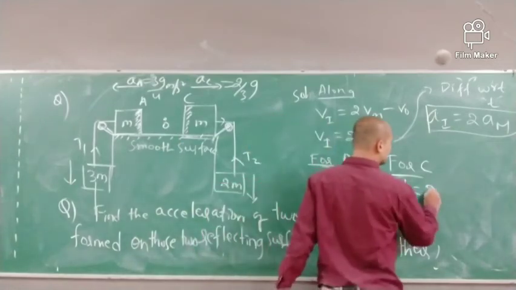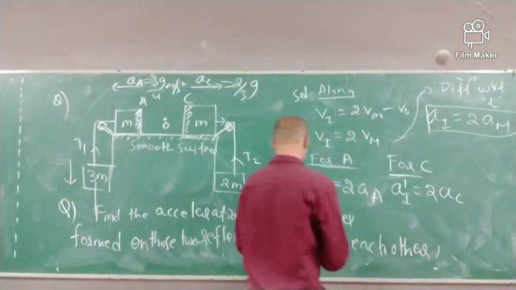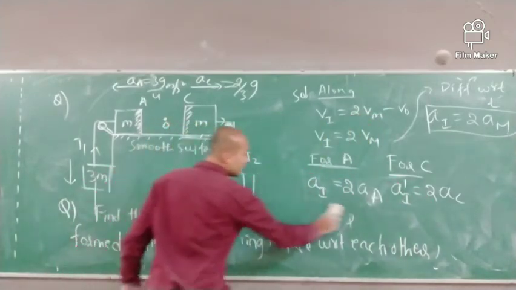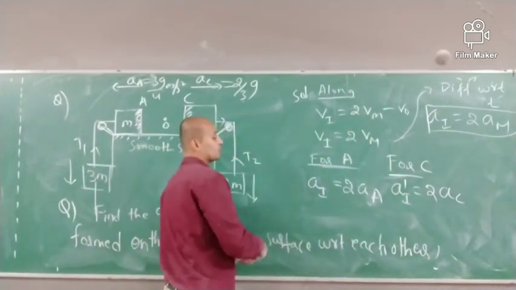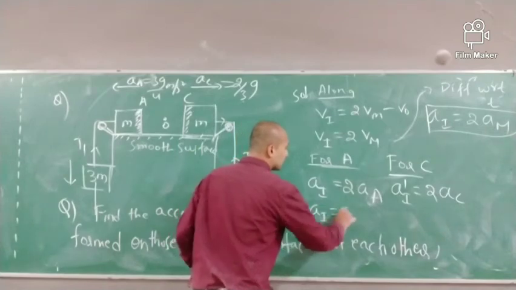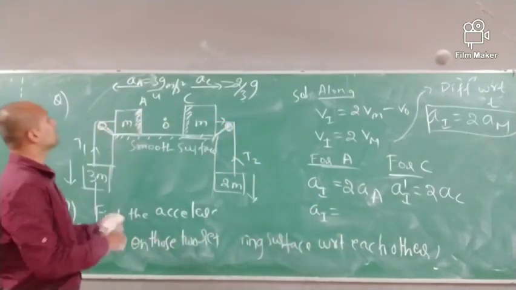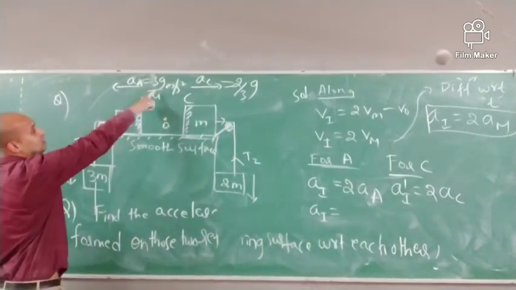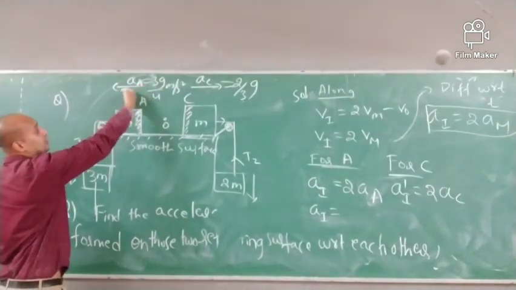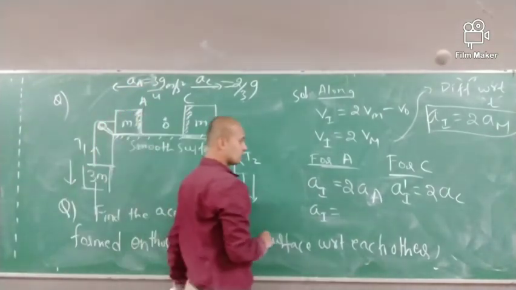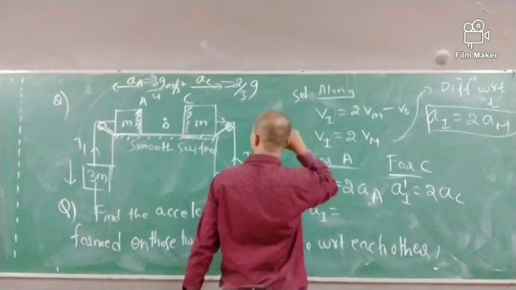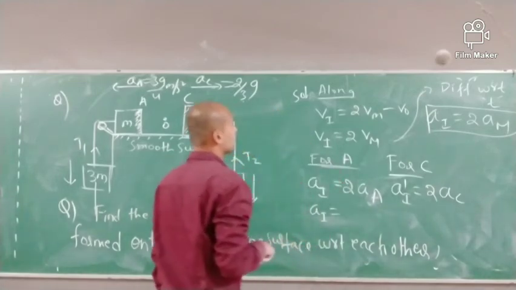This will become 2AC. So what is the value of maximum acceleration of mirror here? 3G by 4.